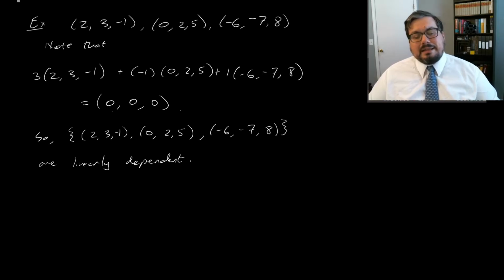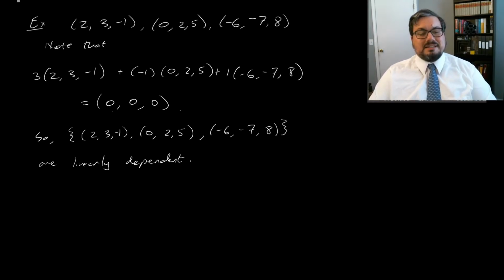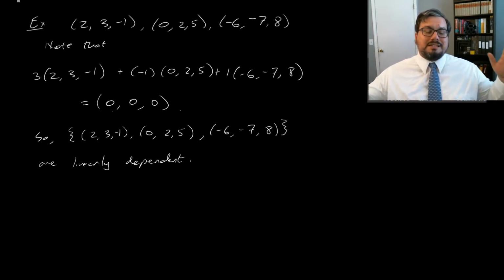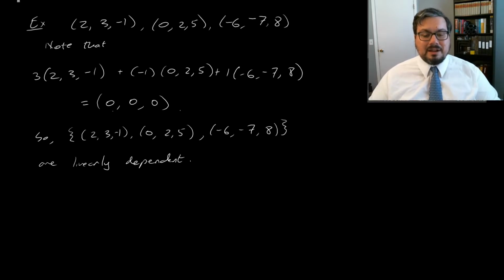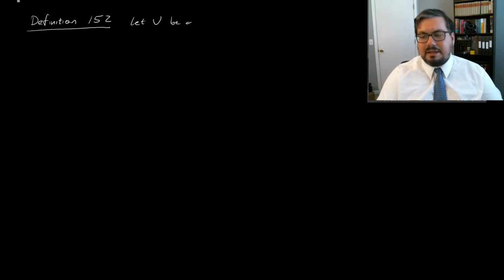Now, a set containing a single non-zero vector is linearly independent, but kind of trivially. What we like about vector spaces is that we can find large sets of linearly independent vectors which have good relationships with the rest of the vector space. So we encode this in definition 152. Let's let V be an F vector space.